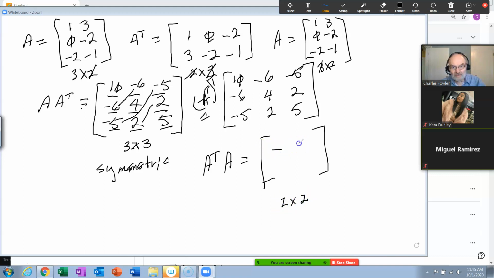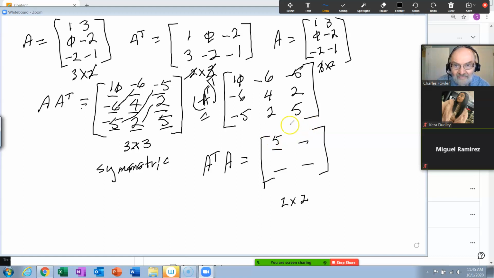Okay, blank, blank, blank, blank. To get the first entry here, the 1, 1 entry, let's multiply first row of this by first column of that. Okay, so it'd be 1 times 1 is 1, plus 0, plus 4 is a 5.